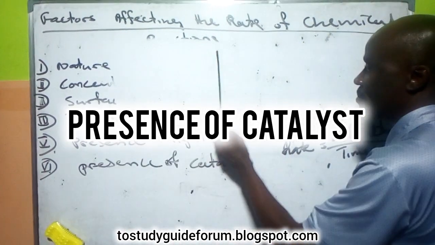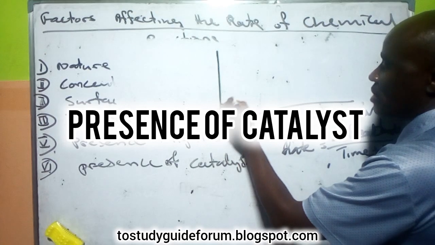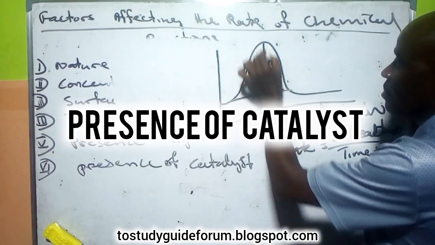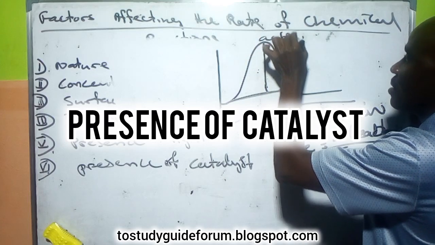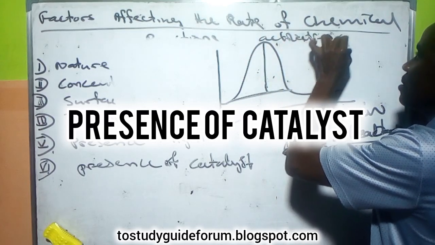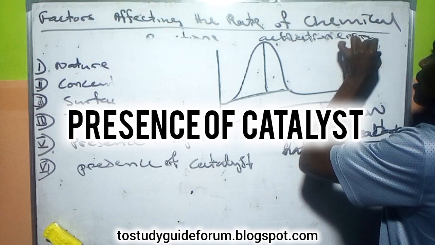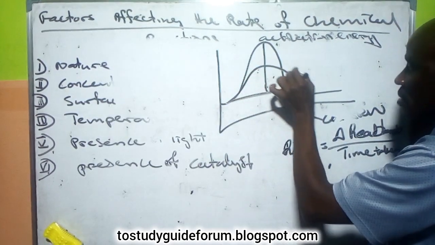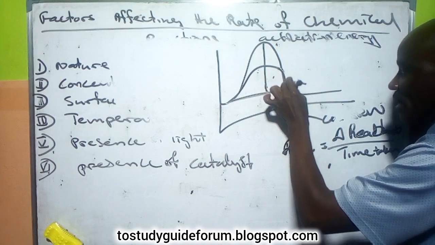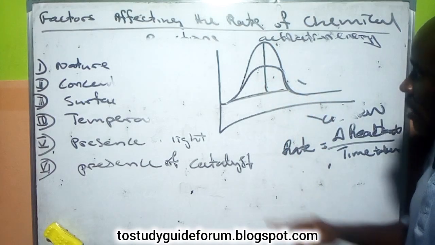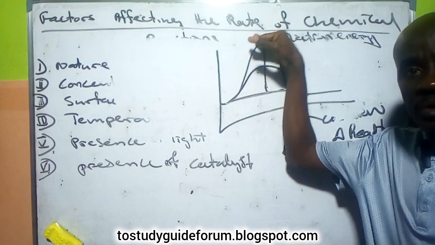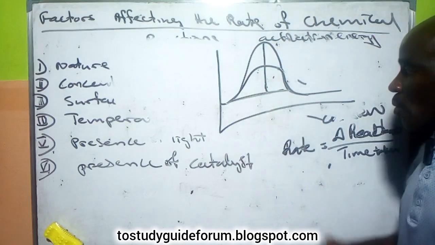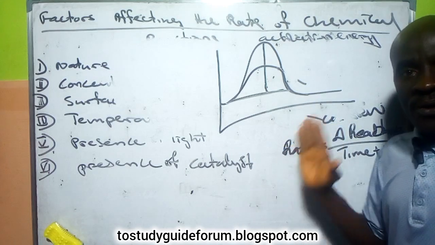We have a reaction path that goes like this. This is the activation energy. So when a catalyst is used, it lowers it, making the reaction take a lower path and go faster. The energy requirement will be reduced. The activation energy will be reduced, making the reaction faster.